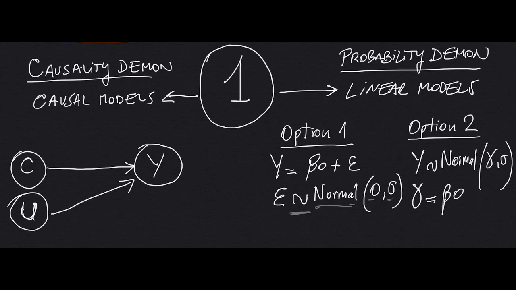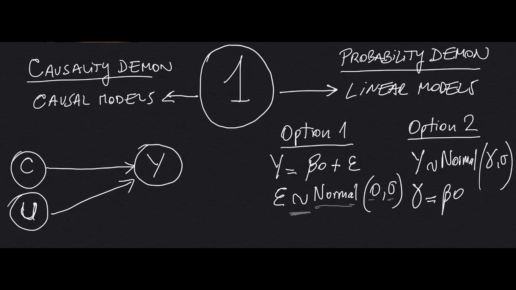The idea is the same, but instead of putting the stochastic component in the epsilon, or sometimes called error, I put the stochastic component directly into the Y variable.